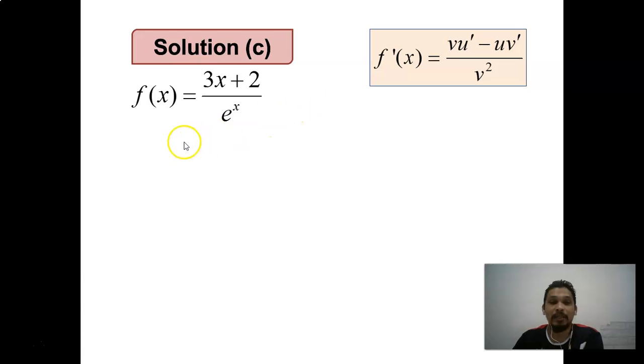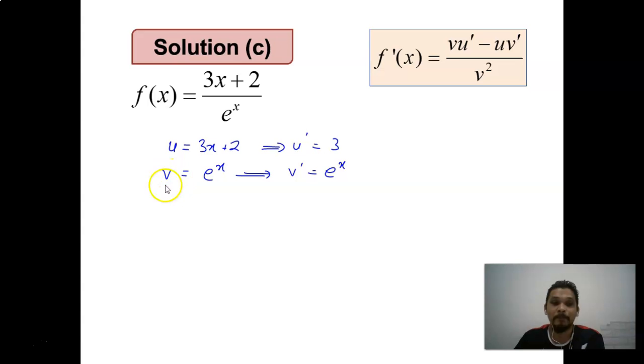Okay, now we are going to use this, and this is our reference here now. Let u equal to 3x plus 2, then u prime equal to 3, v equal to e to the power of x, and v prime equal to e to the power of x.